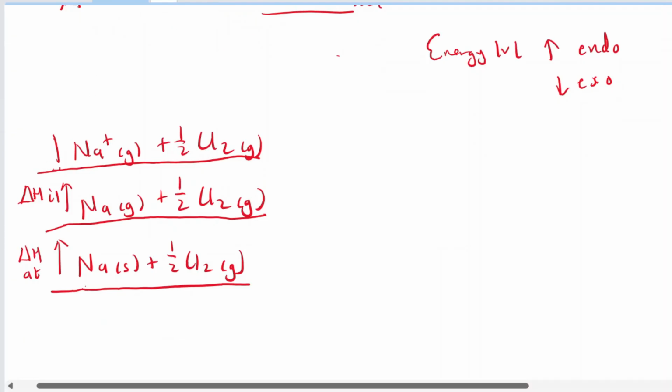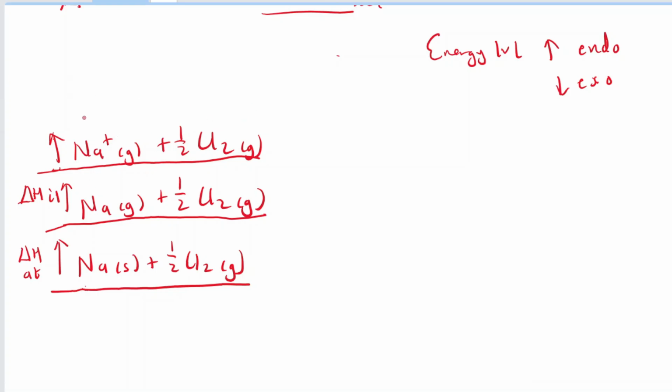Now our third step, so we are done with the Na plus part. Let's go to the Cl. For the Cl, we see that we can also have atomization, so it's going to be plus. Sorry, one more thing that I forgot here is that we lost an electron from Na, right? So Na became Na plus. So we have to add the electron which we lost to this equation, right?